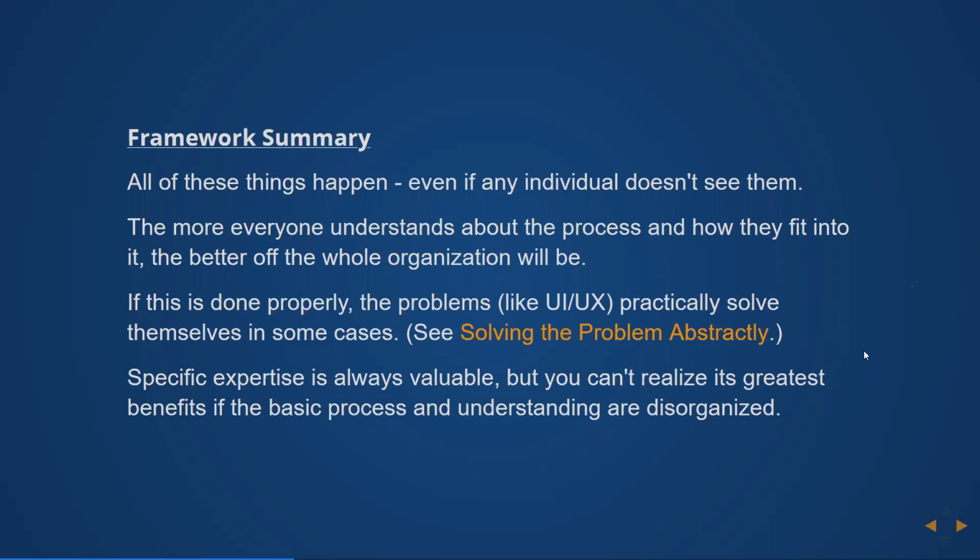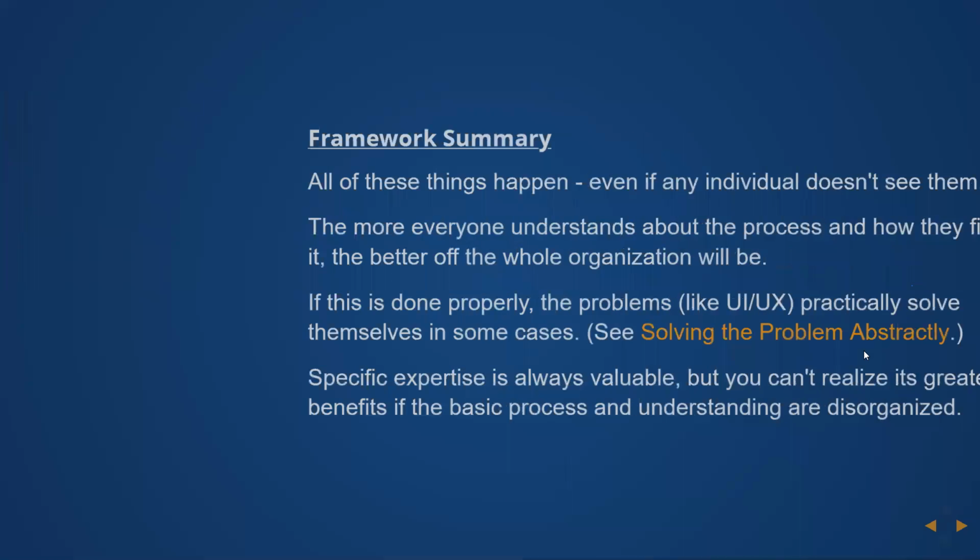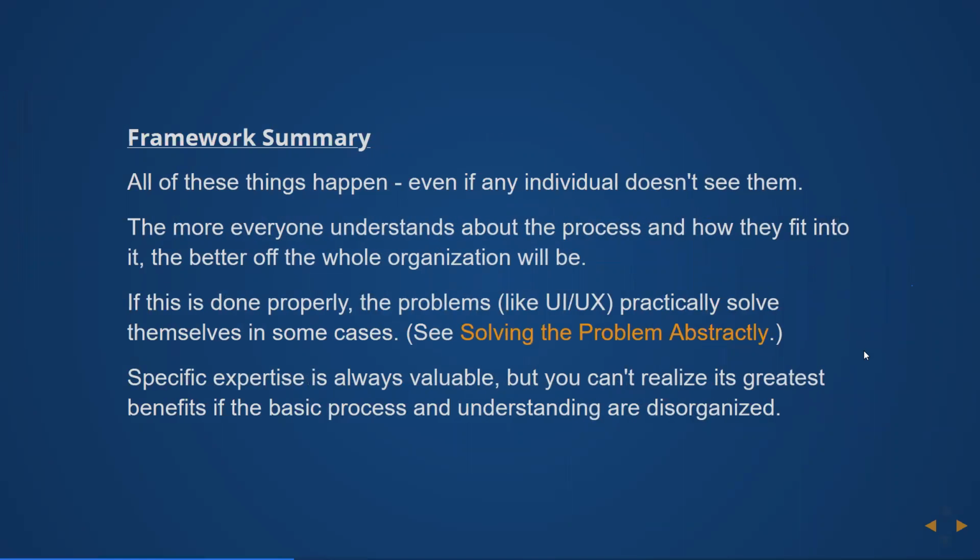The first thing to notice is that if you look at the steps in the engagement here, all of them happen. You as a BA might not see them all, but they all happen. And the more everybody knows about the entire flow and scope of the process, the better off they'll be and the better they'll be able to work together.